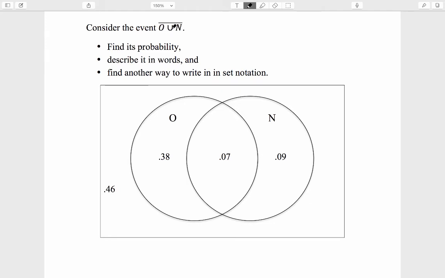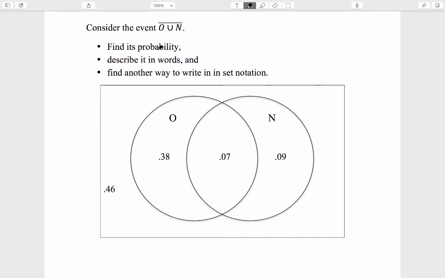And then whatever O union N is, we then take the complement of it. It's very much like order of operations in algebra. If I have a sum of two numbers enclosed within parentheses, and then I have a negative sign in front of the parentheses, that instructs me to carry out what's inside the parentheses first, and then apply the negation. That's what's going on here. First understand what O union N is, and then take the complement of that.